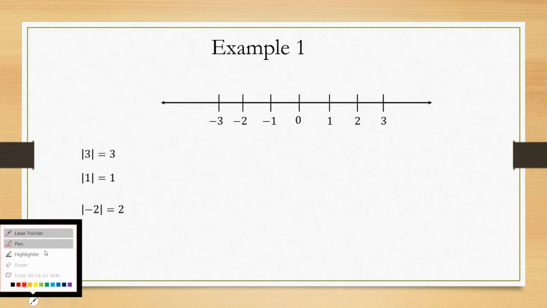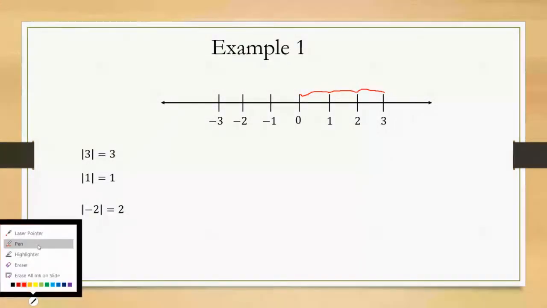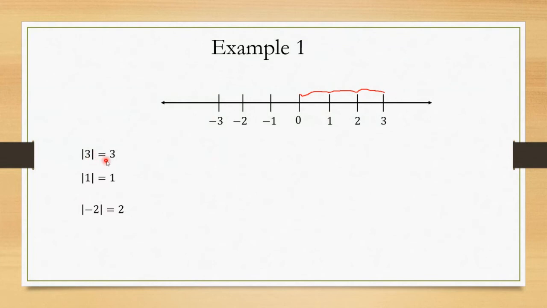So for instance, the absolute value of 3, what's that equal to? If we look at 3 over here, this is 1 unit, another unit, a third unit. So the absolute value of 3 is 3 units away from 0, so it's 3. What about 1? Same idea.